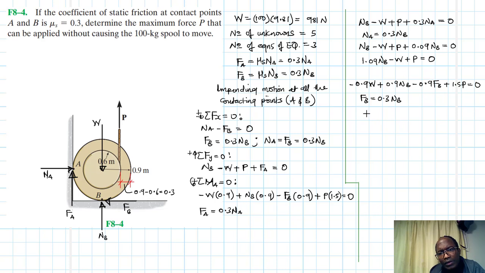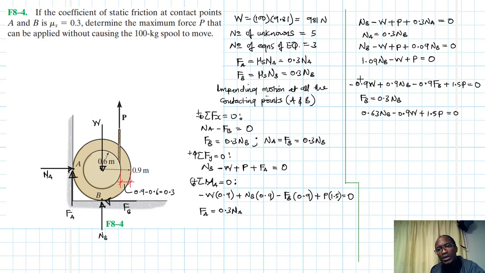So this becomes 0.63 NB minus 0.9 W, and then plus 1.5 P equal to 0. Right, 0.9 minus 0.9 by 0.3.